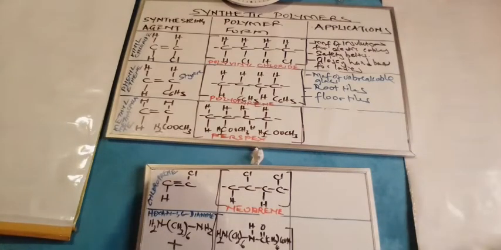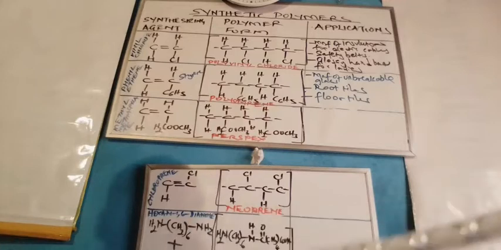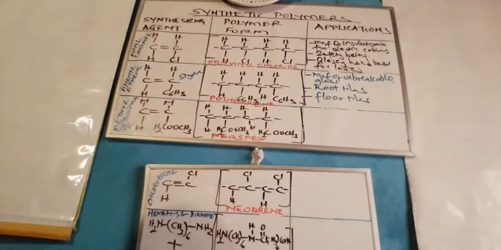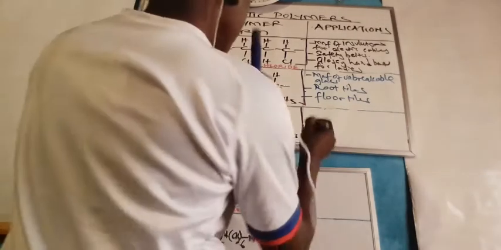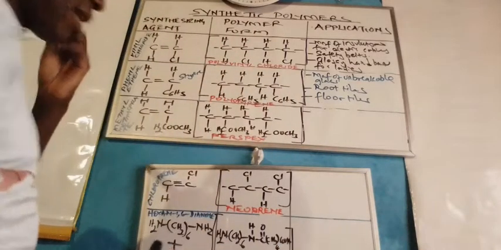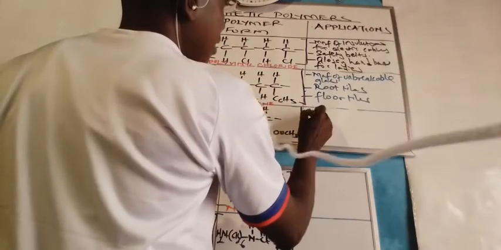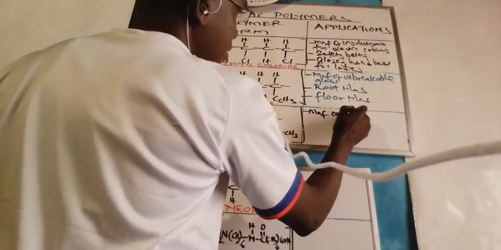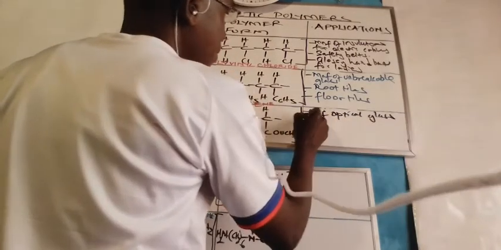And next, we have methyl methacrylate. Methyl methacrylate is simply a form of an ester, and this ester combines to form perspex, which is polymethyl methacrylate. Now, this polymethyl methacrylate is also an effective substance for a varied range of applications. Namely, number one, we use polymethyl methacrylate to manufacture optical glasses, for example, spectacles.